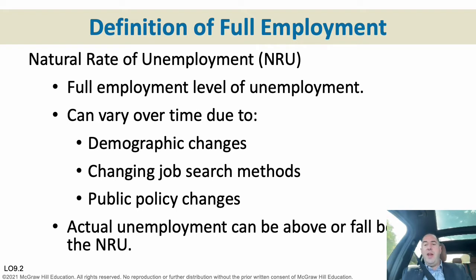The full employment rate of unemployment is also referred to as the natural rate of unemployment. This is a theoretical academic number that I would suspect changes over time, although I would often find it to be, in this environment, around 5%.